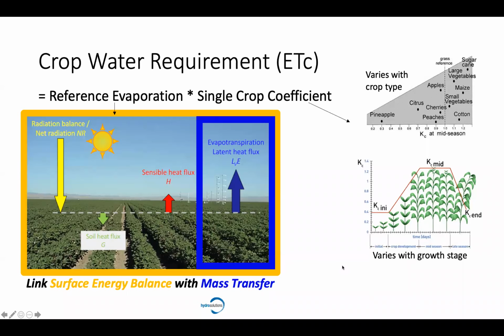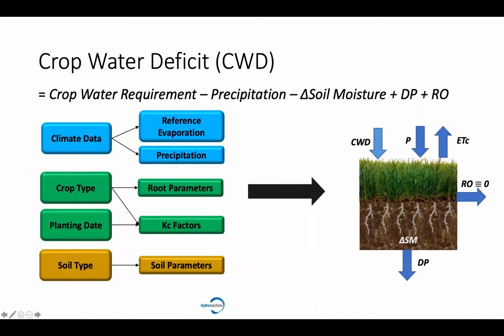From the crop water requirement, we then go to the crop water deficit. So using a simplified soil water balance, we calculate how much water the plant is missing. From all the input data that we see here, we have climate data, crop types, planting dates, and soil types.